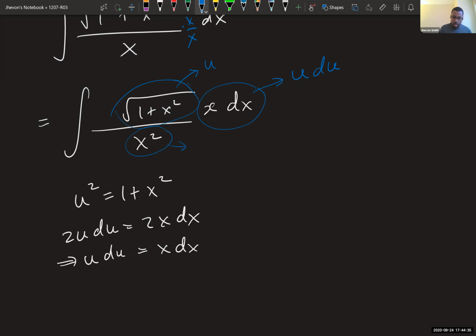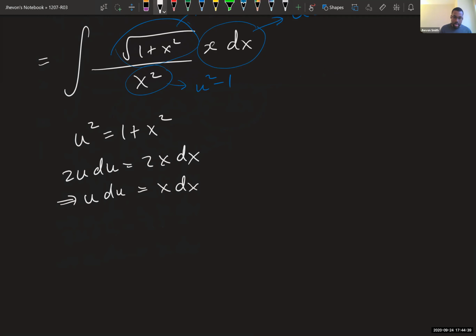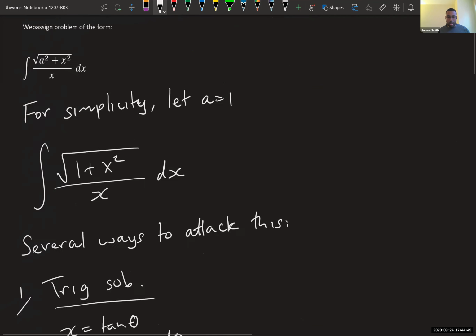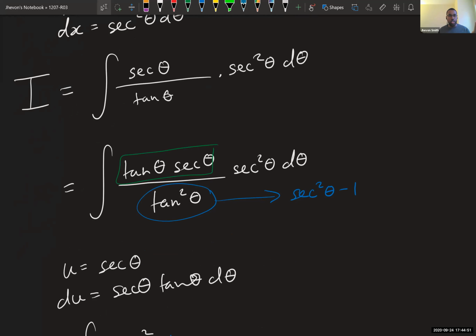This part here would be your u squared minus 1. And so without having to go through a trig sub, you'd actually end right back here, where we got to after a whole other trig sub thing, which now even after we get the answer, we have to do a back substitution, right?